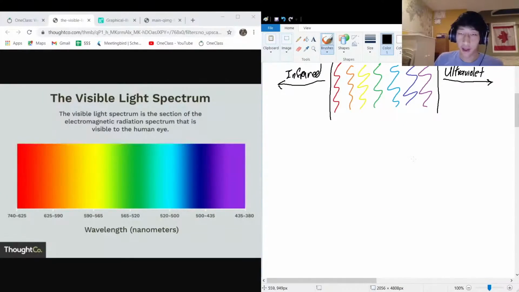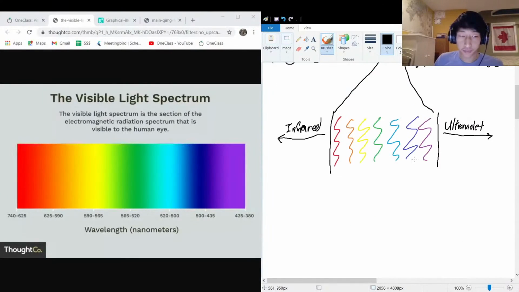Okay, and then the wavelengths that these occupy is going to be like this border right here, where you can pretty much see is around 740 nanometers. And here, wavelength is equal to about 380 nanometers.